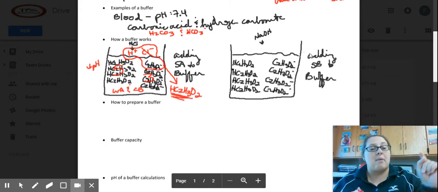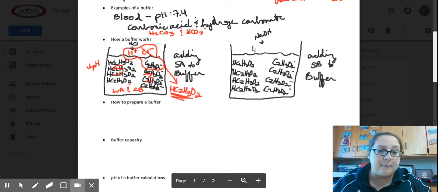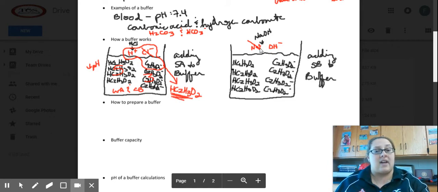If we add a strong base to our buffer, which is what you see on the right-hand side, this is what's happening. NaOH is a strong base, right? So it'll be Na plus and OH minus that you have floating around in here. Now the sodium, just like the chlorine here, is a spectator, so we're not really worried about that. What we're worried about is the OH.